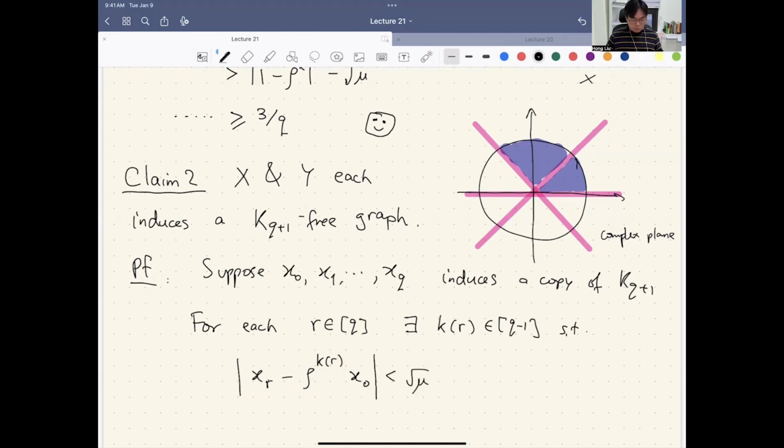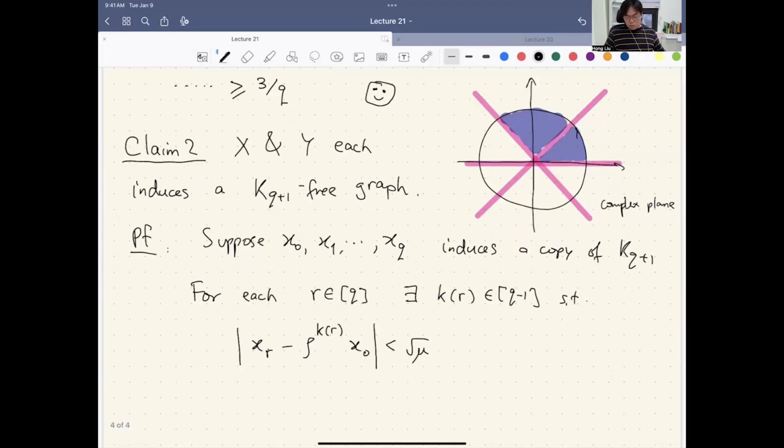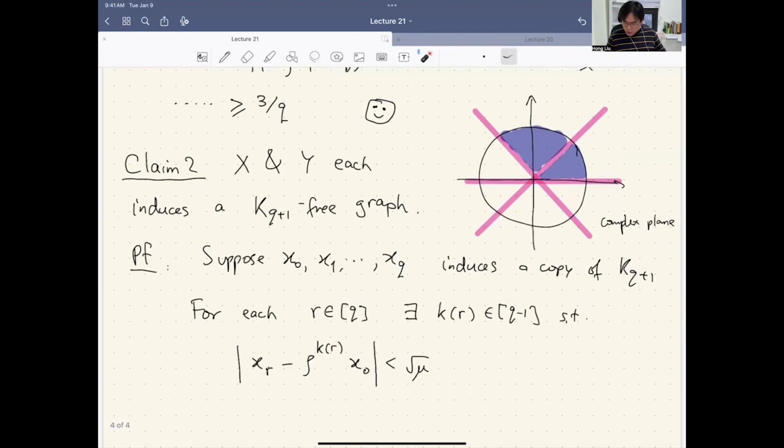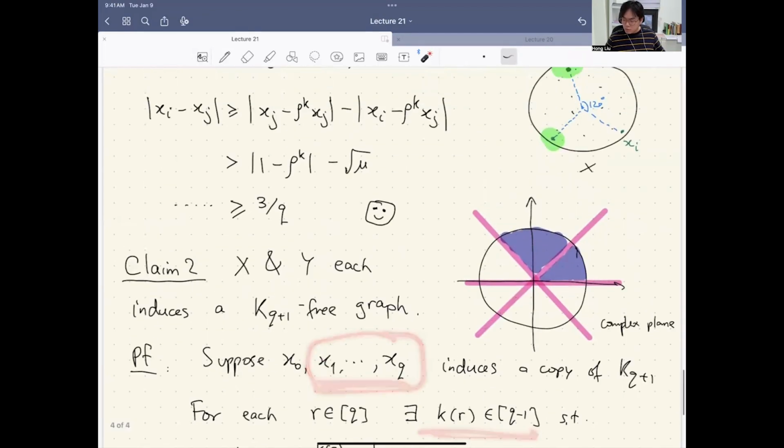Now, how many? We have q of these other vertices apart from x0, but the rotation options are only q minus 1. So there exist two vertices here whose rotation is the same. They rotate the same way.